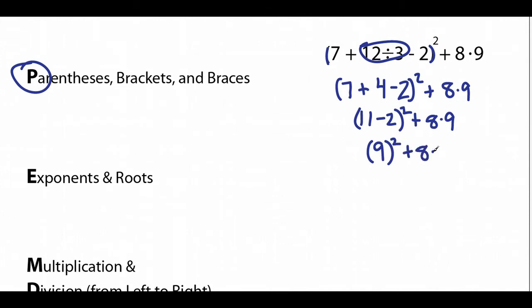Squared plus 8 times 9. Alright, now that we're done with our parentheses, we look at our next step here, which is exponents. So 9 squared is saying 9 times 9, which is 81. And so we have 81 plus 8 times 9.